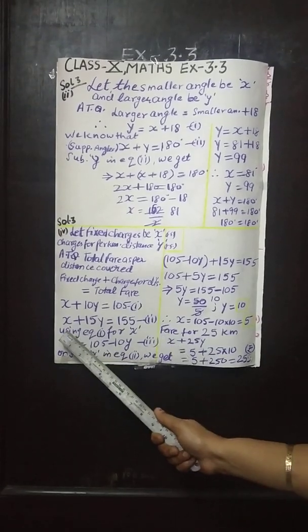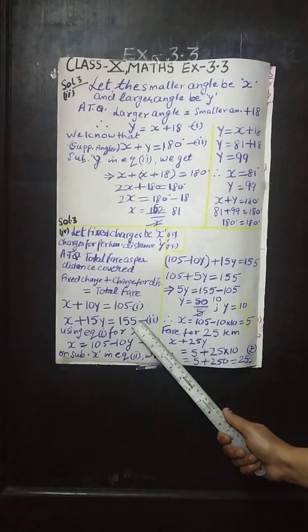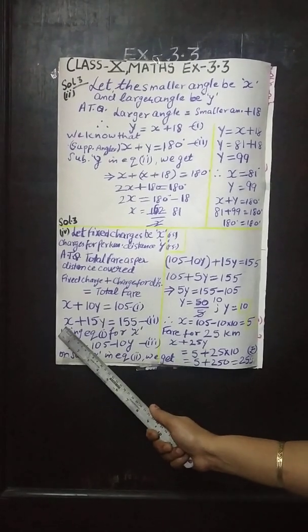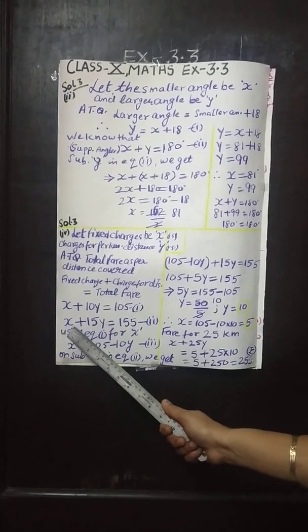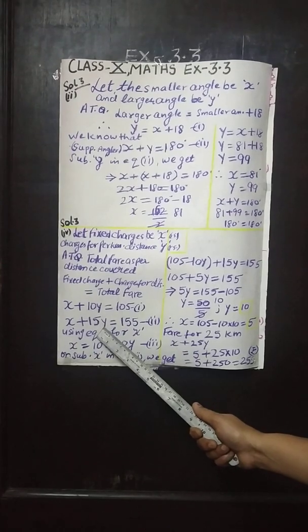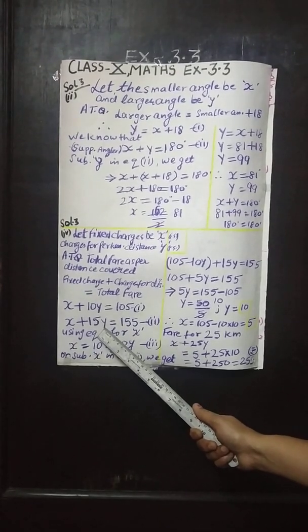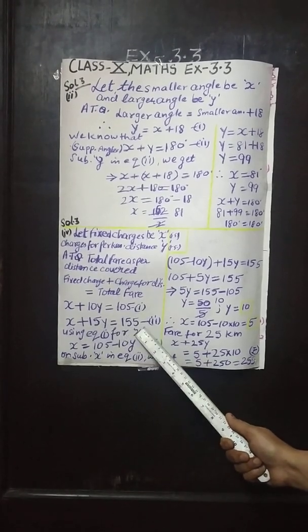Likewise, in the second part we are given that the fare for 15 km is rupees 155. So again the fixed charge will always be added. So x plus 15y. This 15y is the fare for 15 kilometers, with y rupees per kilometer assumed. So x plus 15y is equal to 155.